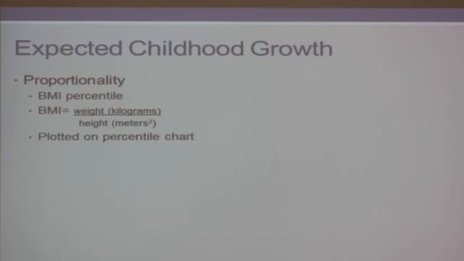And likewise, we use the body mass index percentile to determine if a child is at a healthy weight or above or below. So body mass index is the weight in kilograms over the height in meters squared. So once we get that value, we plot that also on a growth chart.